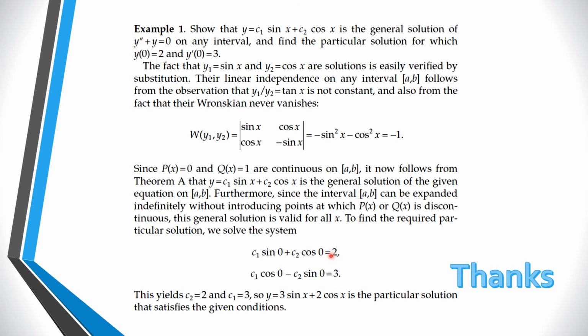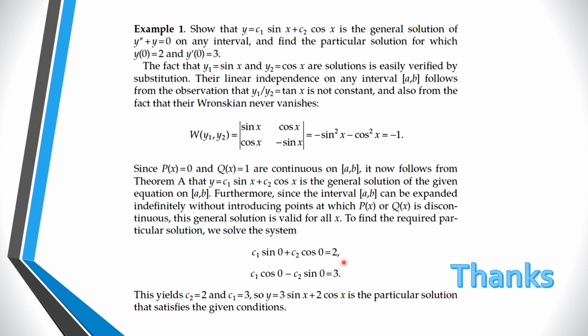Right? Similarly, when you take its derivative y dash, what will it be? It is c1 cos x minus c2 sin x. Now you find the value of this at 0. When you put x equal to 0, you will have c1 cos 0 minus c2 sin 0, and this value is equal to 3.